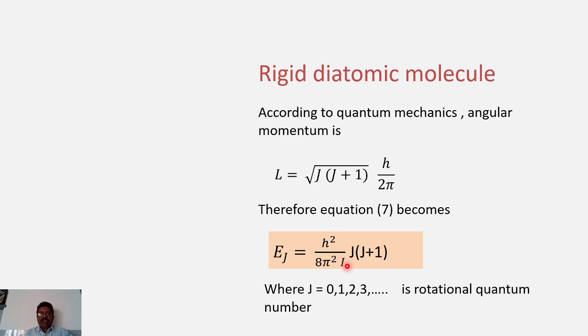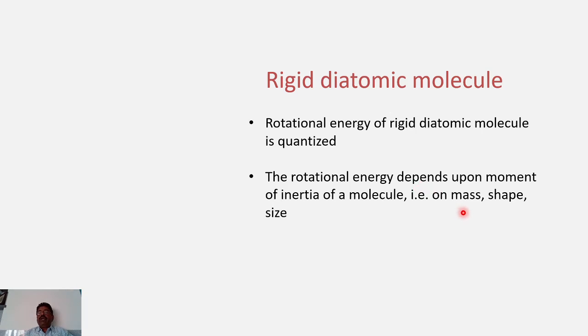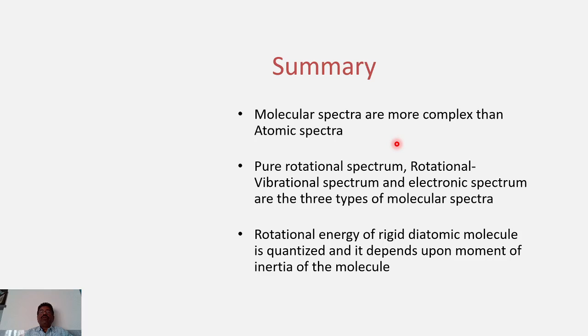It is the moment of inertia, and the moment of inertia of a particular molecule depends upon which constituent atoms are involved, what their masses are, what the shape of the molecule is, and what the size of the molecule is. All that will decide the moment of inertia of the molecule. So rotational energy levels depend upon the moment of inertia of the molecule, and they are also quantized. So these are the two important conclusions.